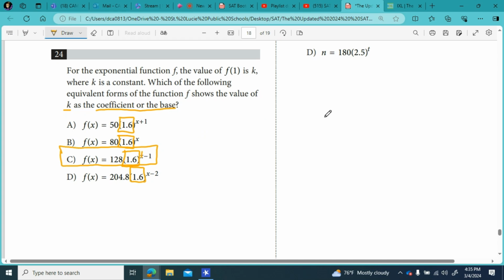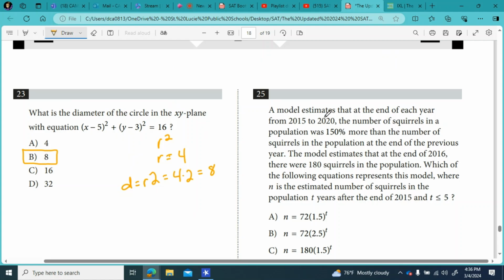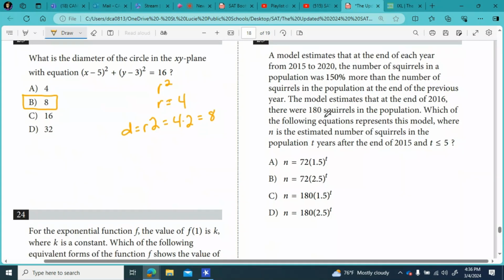And then let's keep moving on to question number 25. A model estimates that at the end of each year from 2015 to 2020, the number of squirrels in a population was 150% more than the number of squirrels in the population at the end of the previous year.